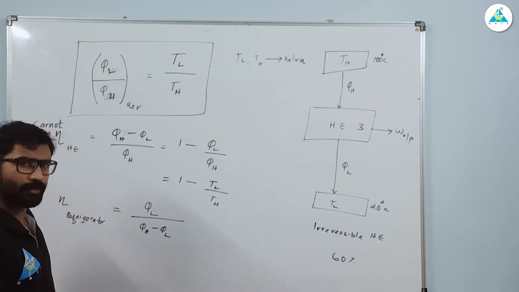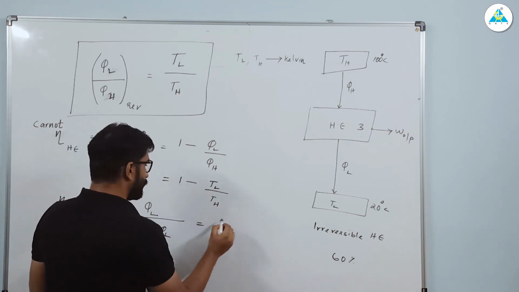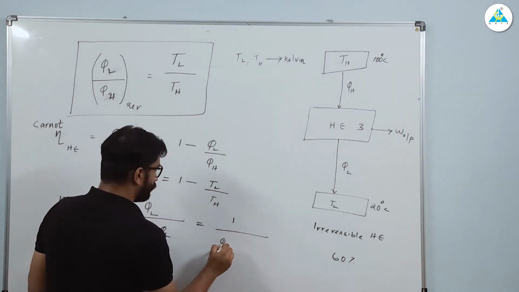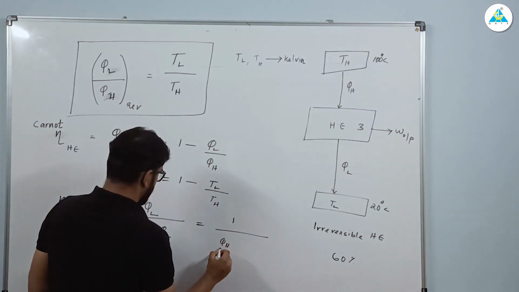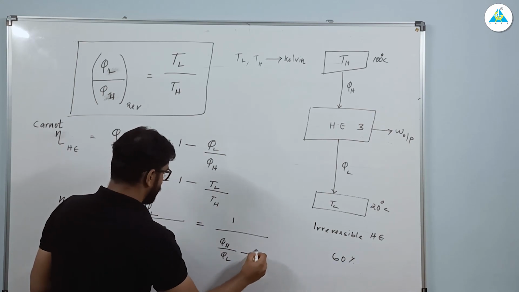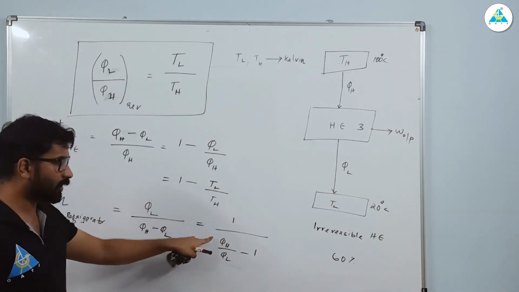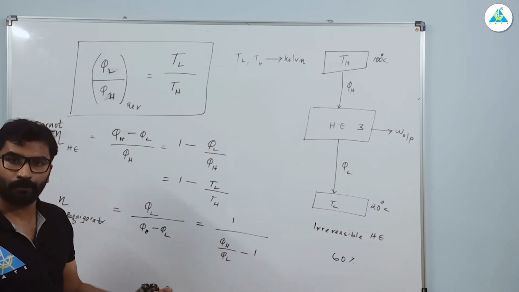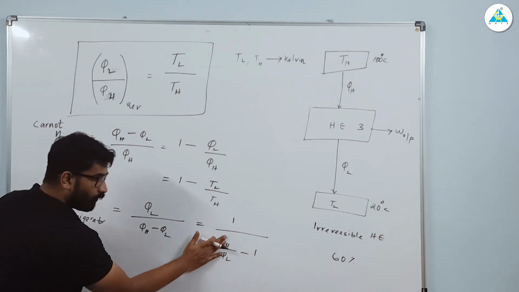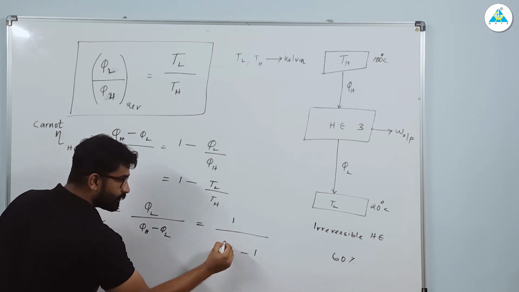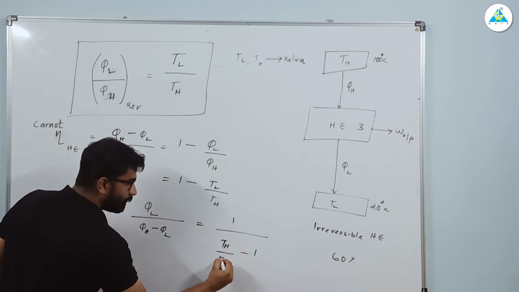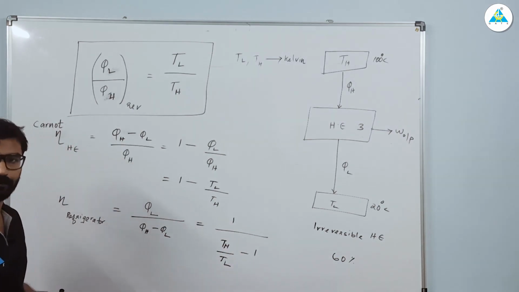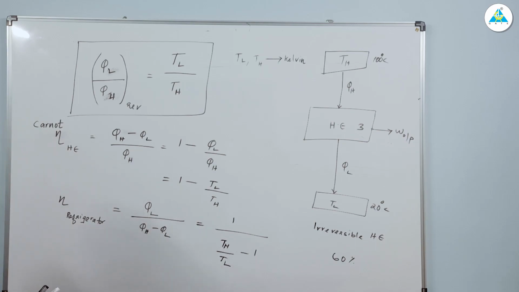The equation was 1 divided by QH by QL minus 1. Instead of QH by QL, you can substitute TH by TL. Clear? So that is also done.